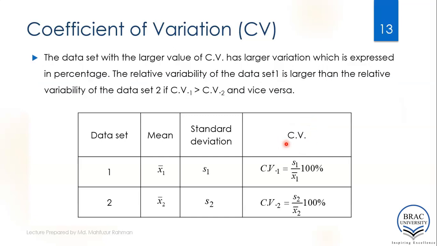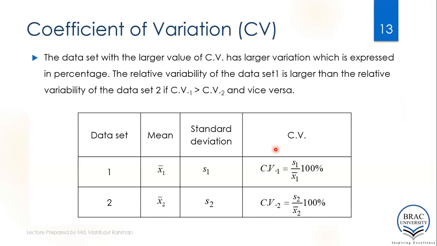Now, how will we make the decisions, or how can we say which data set has a larger variation? Very simple. As we know, CV is a relative measure of dispersion, whereas the mean and standard deviation are both absolute measures. So in CV we are comparing the relative variation.